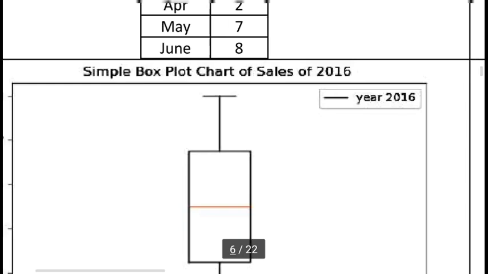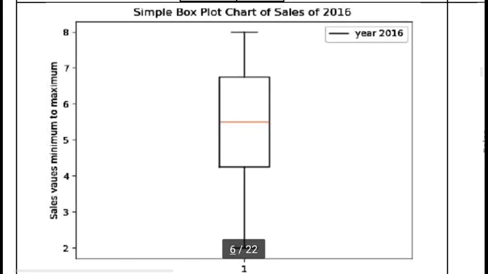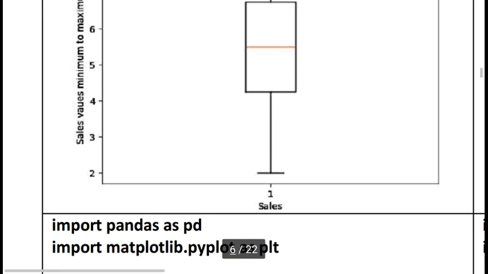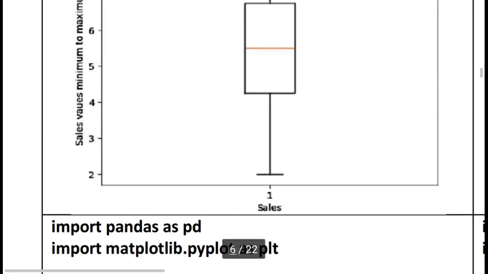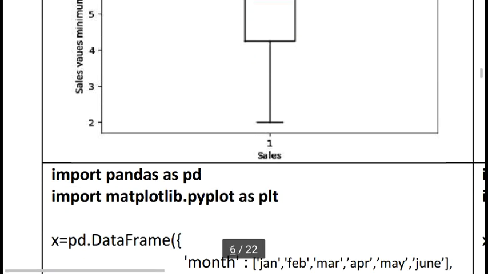So this is our box plot chart. You can see the complete data is not shown, only the minimum, maximum and average values, always in a summarized form.